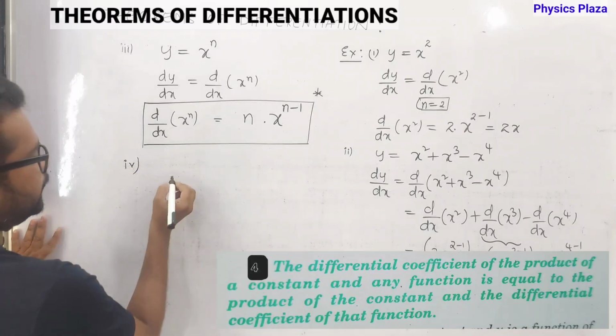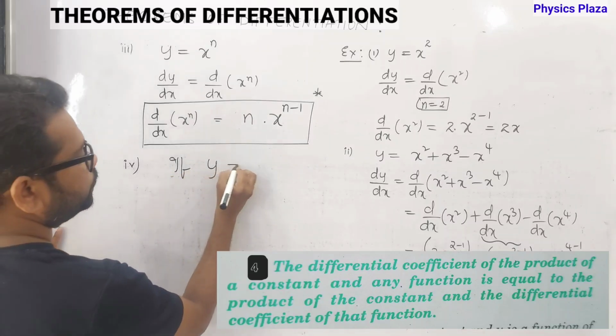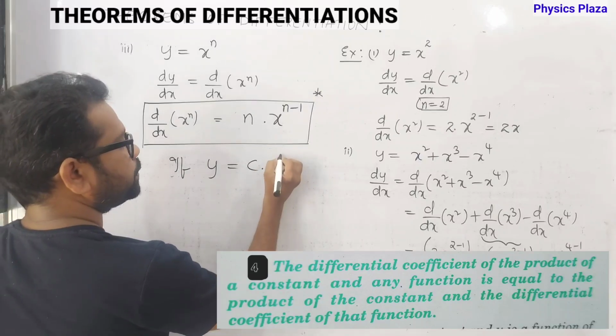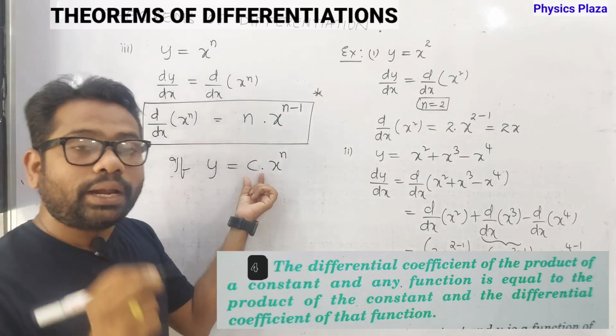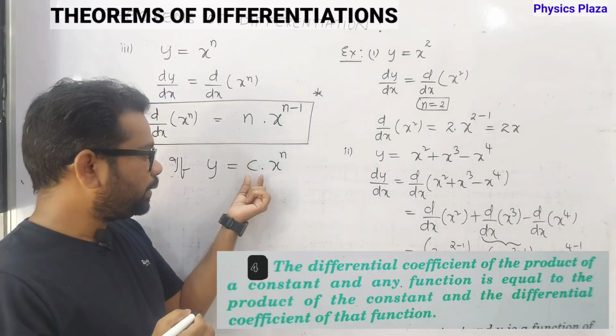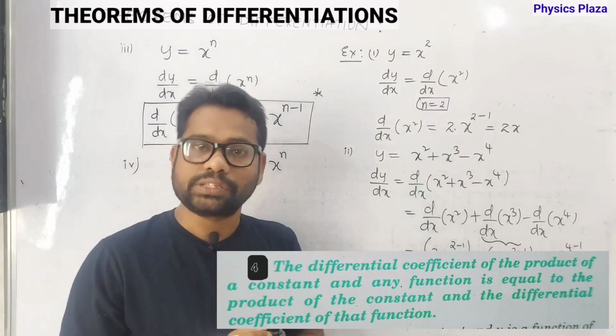Suppose, let us take y is equal to c into x power n. Here what is c? C is an isolated constant. If any function is multiplied with a constant, then how do we calculate its differential coefficient? It's very important.